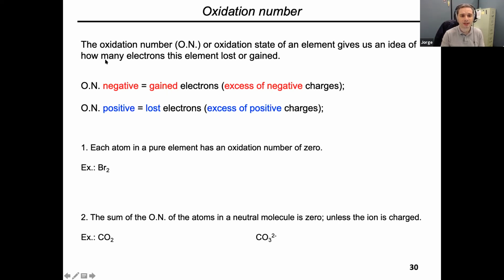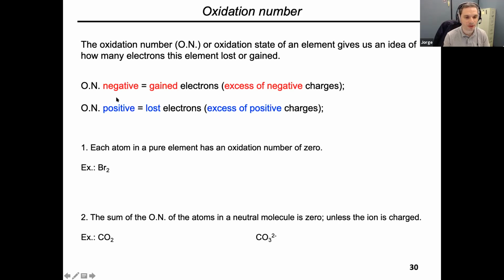Remember that the oxidation number, also called oxidation state, for a given element gives us an idea of how many electrons this element lost or gained when combined with another element or when isolated. A negative oxidation number means that electrons were gained, therefore we have an excess of negative charges.